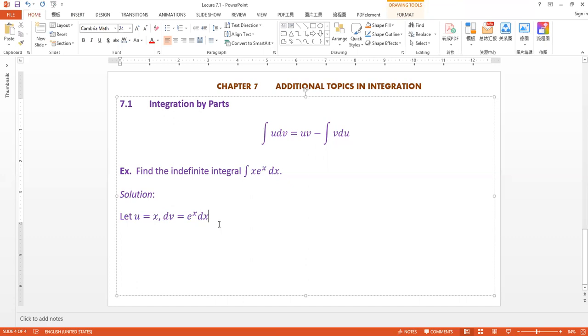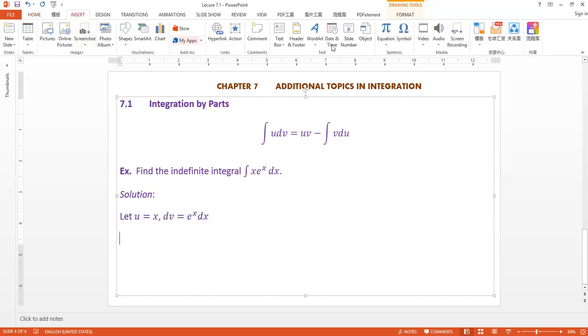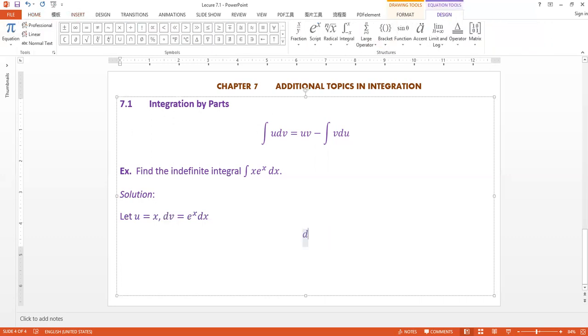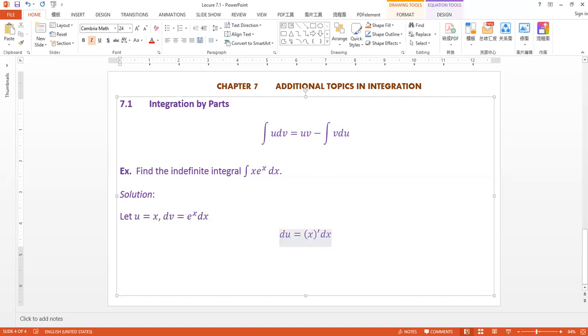All right, so then we're going to find du and v. How do you find du? As before, we just take the derivative of u. So that's the derivative of x times dx. The derivative of x is just 1.